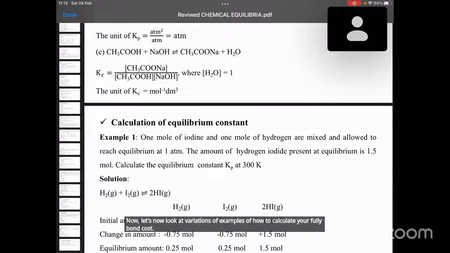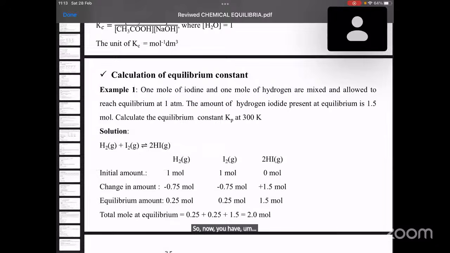So now you have 1 mole of iodine and 1 mole of hydrogen.